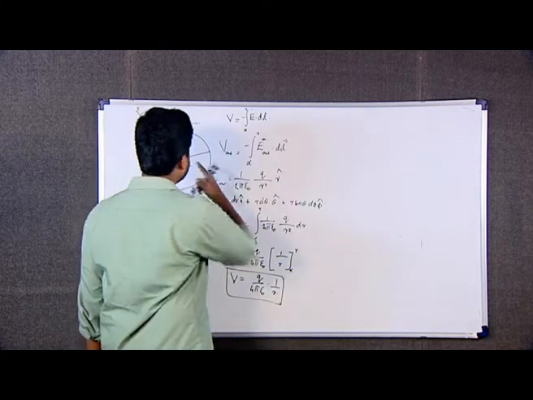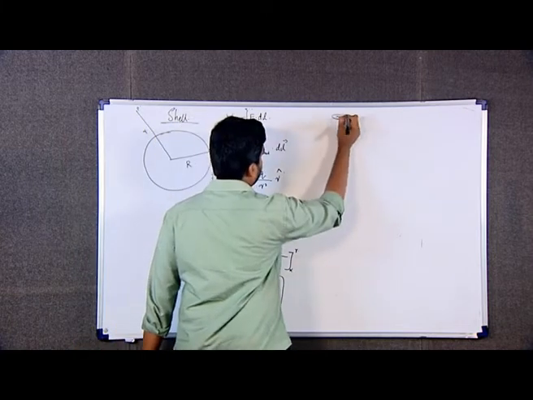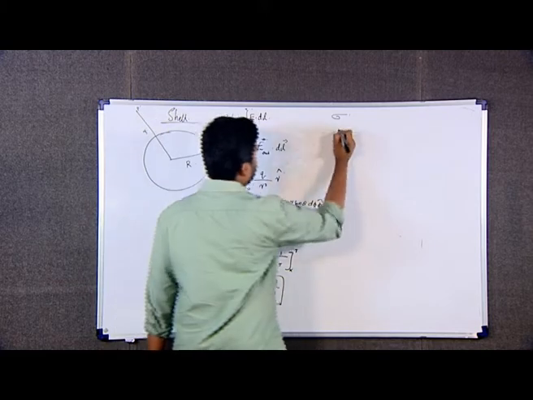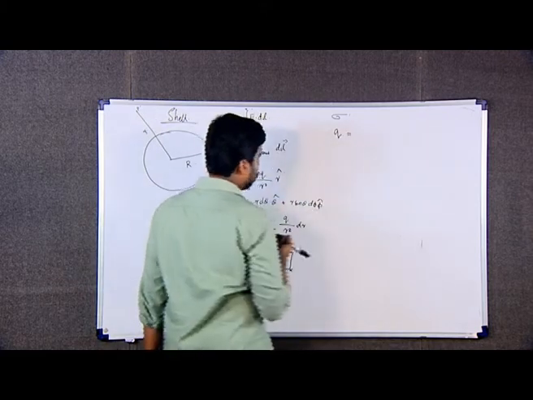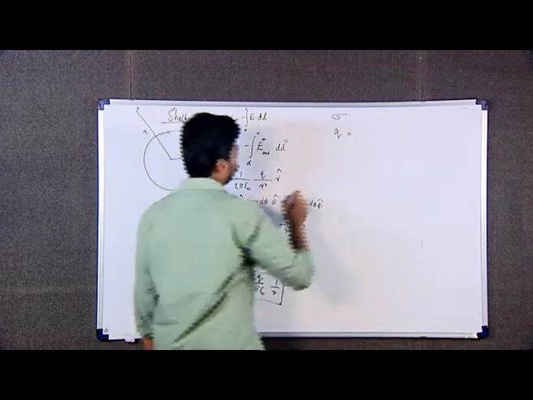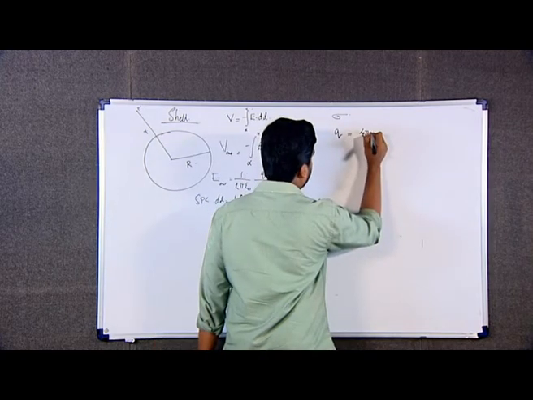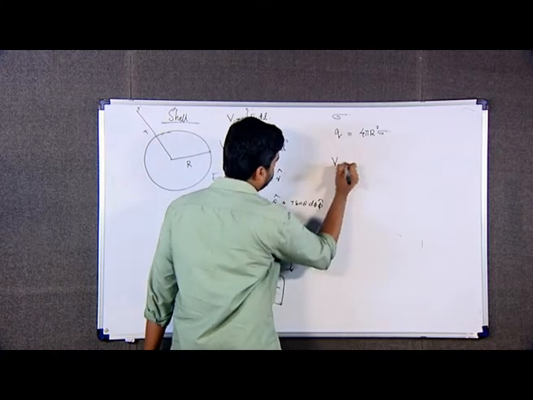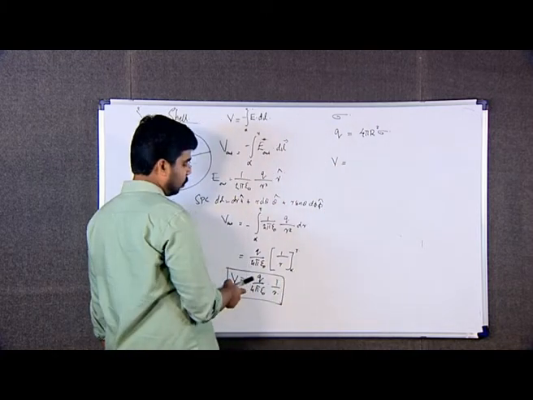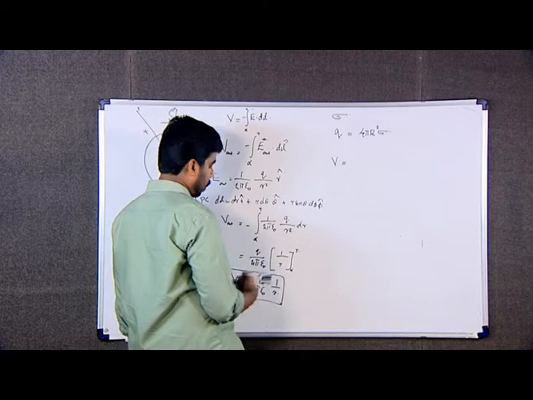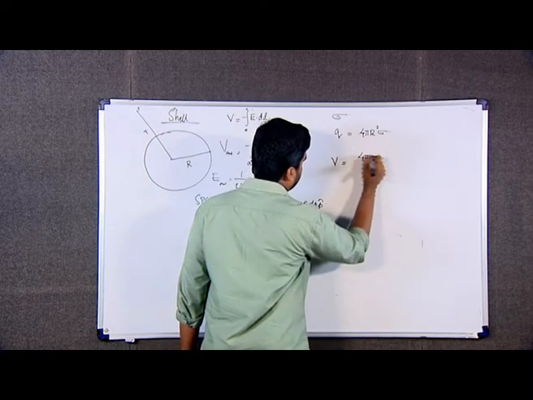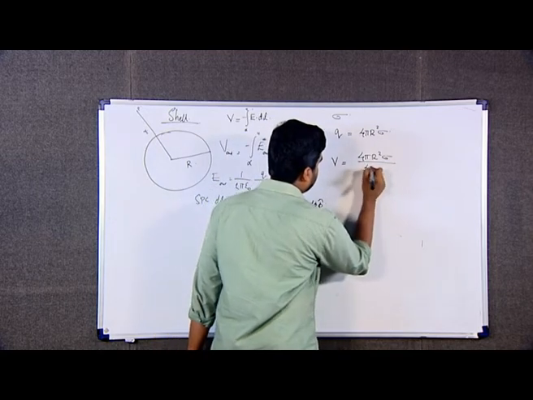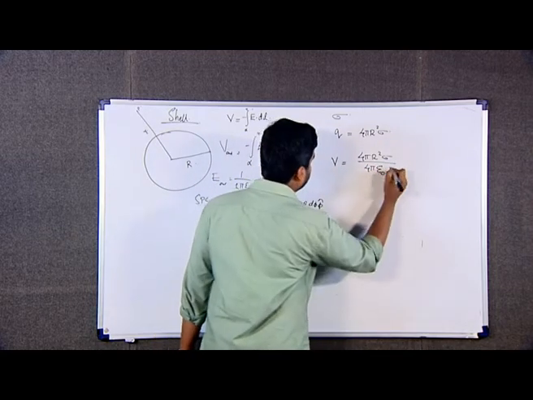But we know that if the surface charge density of the shell is sigma, then the total charge can be written as q equal to 4 pi r square sigma. I can substitute this value for q in the equation for the potential, and I can write it as 4 pi r square sigma divided by 4 pi epsilon 0 into r.